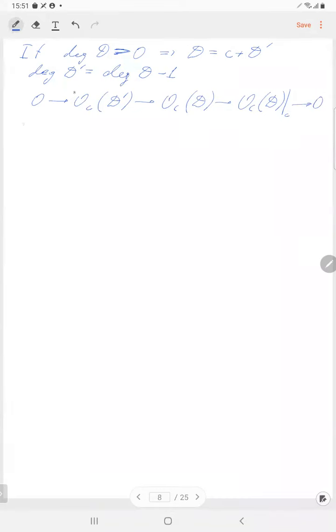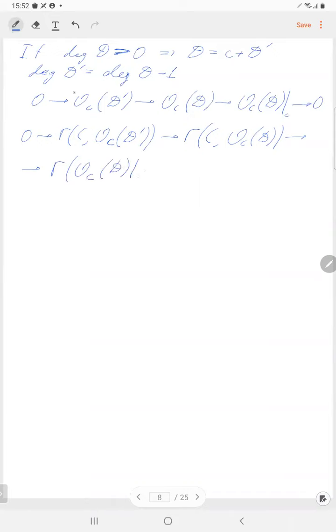So for global sections, we get that the left term goes to global sections of the middle term, goes to the global sections of this restriction to the point, but you restrict a line bundle, an invertible sheaf, to a point, so this is just k.